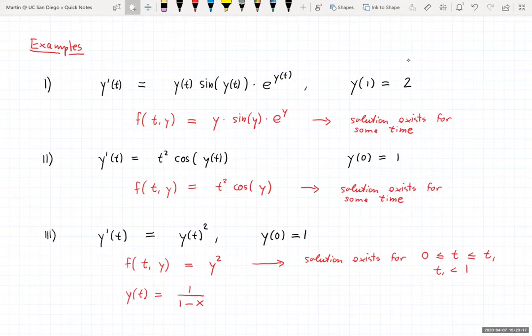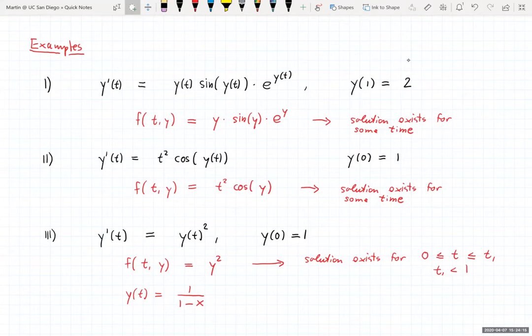And we have actually already seen a solution for that differential equation with that initial condition, namely y of t equal to 1 over 1 minus t. And as you remember, the function y of t at t equals 0 assumes the value 1, and then it grows very fast. In fact, it grows so fast that at t equal to 1, we already have a singularity. It goes up to infinity.